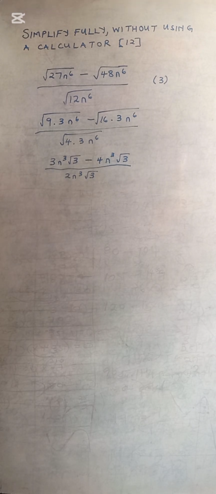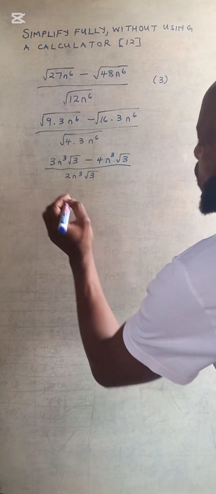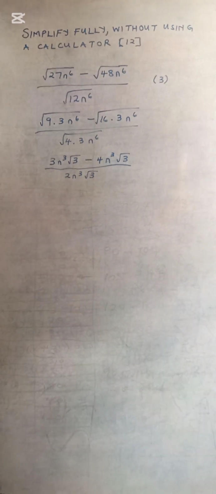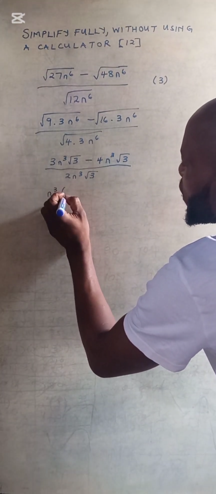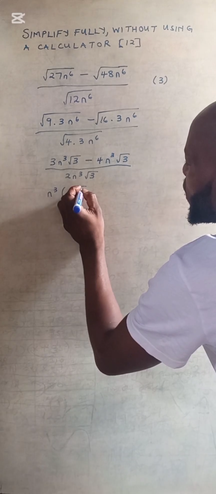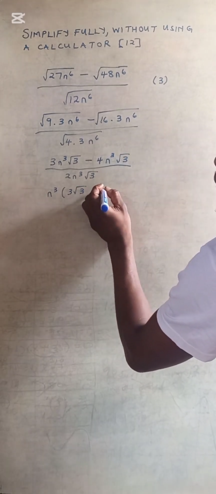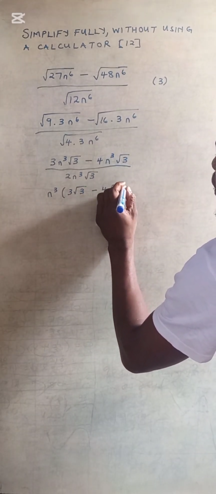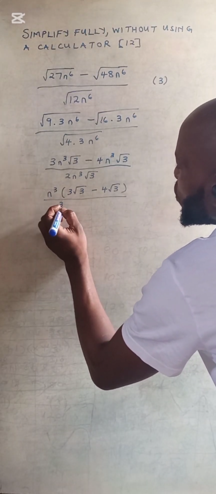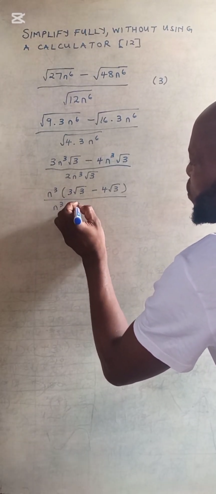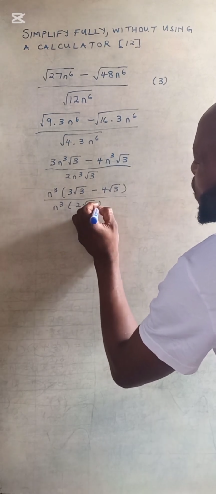So at this point, we can say, okay, let's take n cubed out as a common factor. N cubed as a common factor, we will be left with 3 the square root of 3 minus 4 the square root of 3, divided by n cubed into 2 the square root of 3.